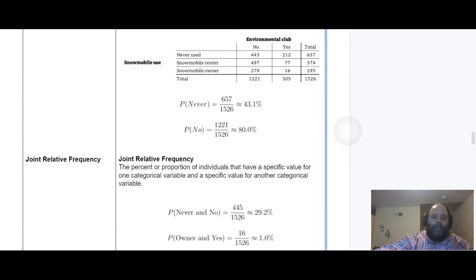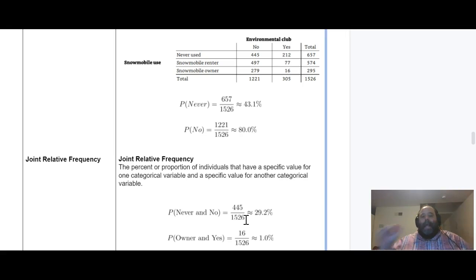So joint relative frequencies, I can take from the same table, and now rather than all the people that were never, or all the people that are no, it's people that have two particular values, one for each characteristic. Okay, so we want the people who never used a snowmobile and are not environmental club members. That total is 445 people. So that's my numerator, out of 1526 as my denominator.